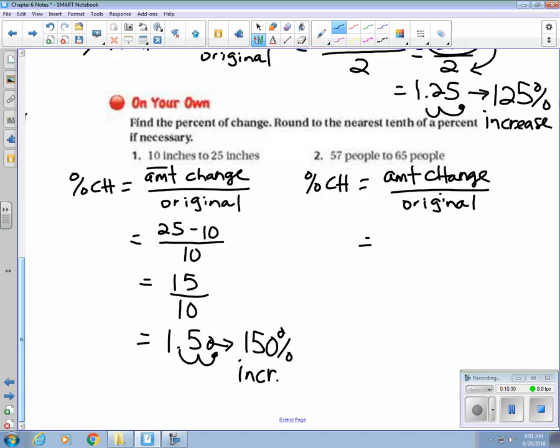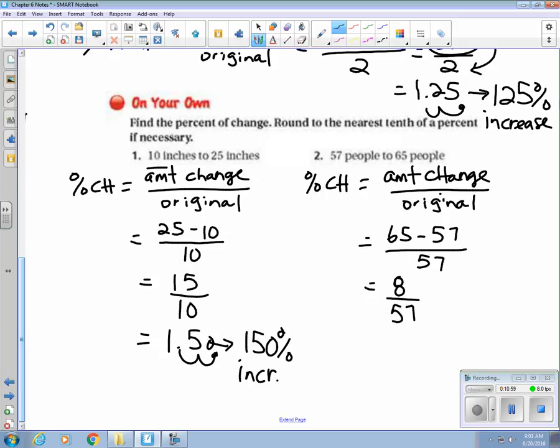The amount of change went from 57 to 65, so we find the difference to find the amount of change, 65 minus 57, divided by the original, it started at 57. And we go ahead and do that. 65 minus 57, I'm sorry, is only 8. All right, changed by 8. And the original amount is 57.